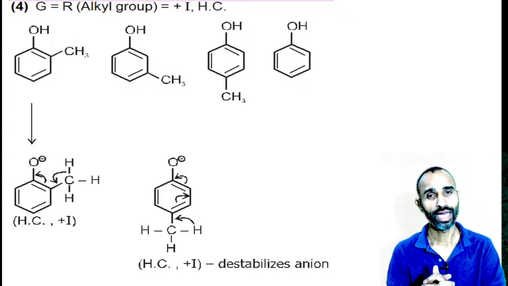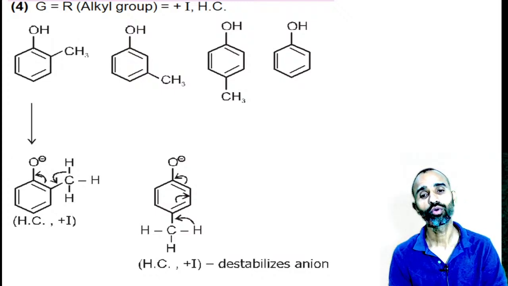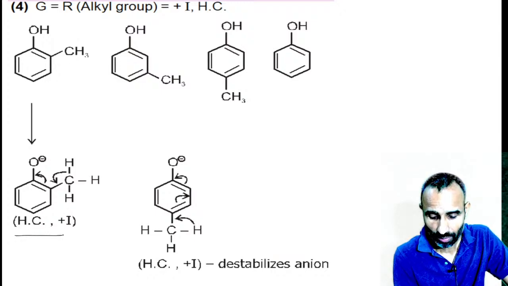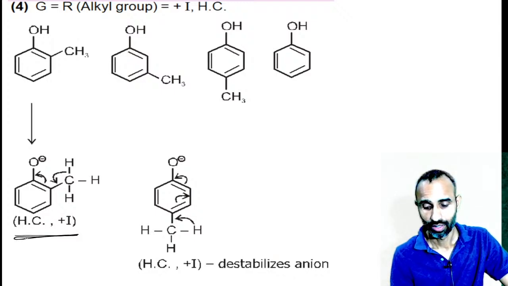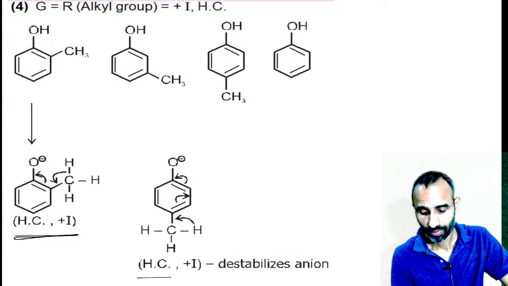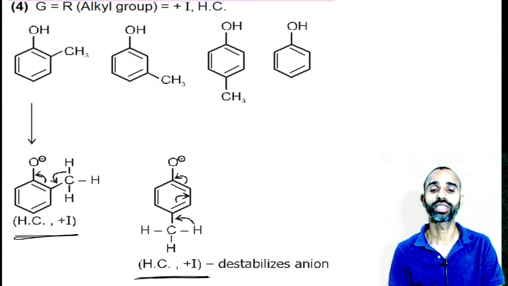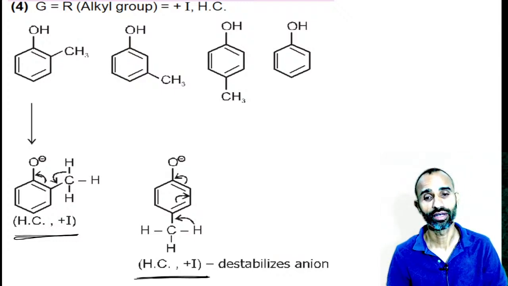Now alkyl group. Alkyl group has plus I effect and hyperconjugation. So obviously at ortho position there is hyperconjugation as well as plus I effect. In case of para again there is hyperconjugation and plus I effect, and both the effects destabilize the anion.